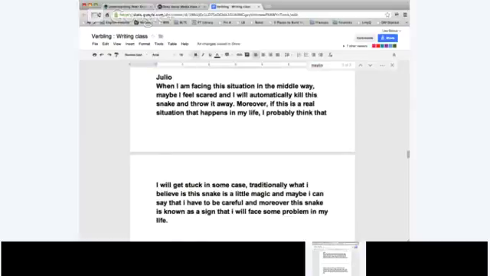Traditionally, what I believe is this snake is a little magic, and maybe I have to be careful. This snake is known as a sign that I will face some problems in my life.